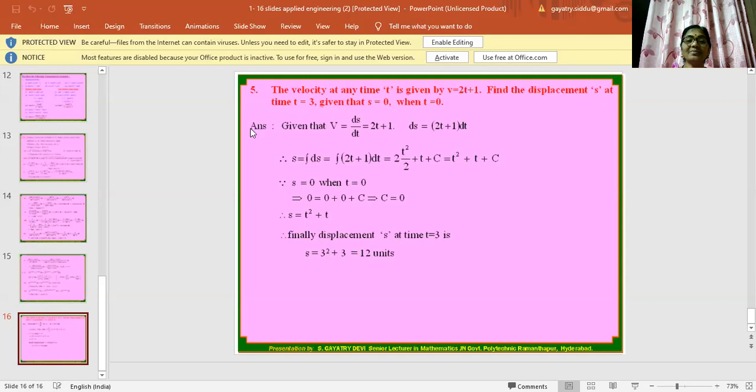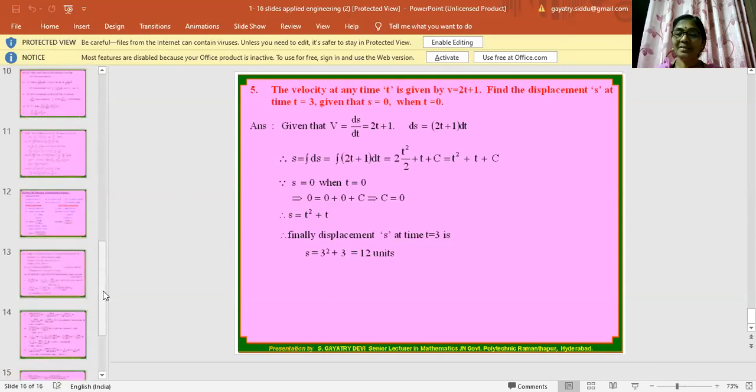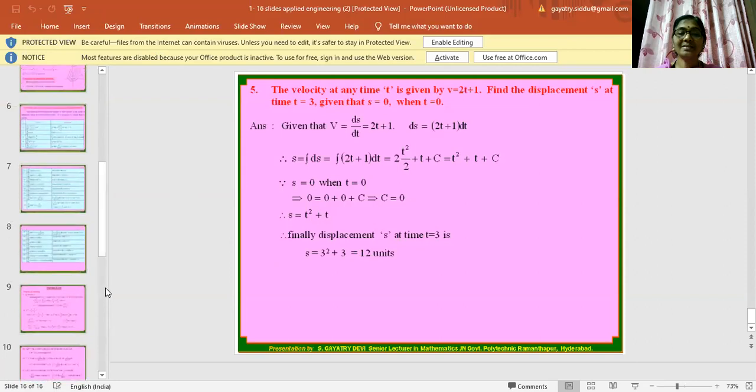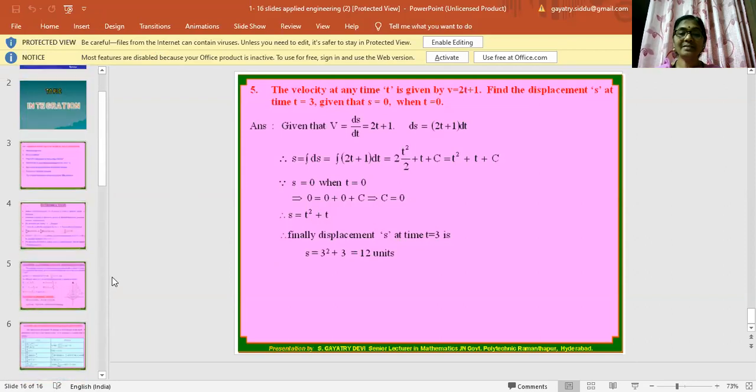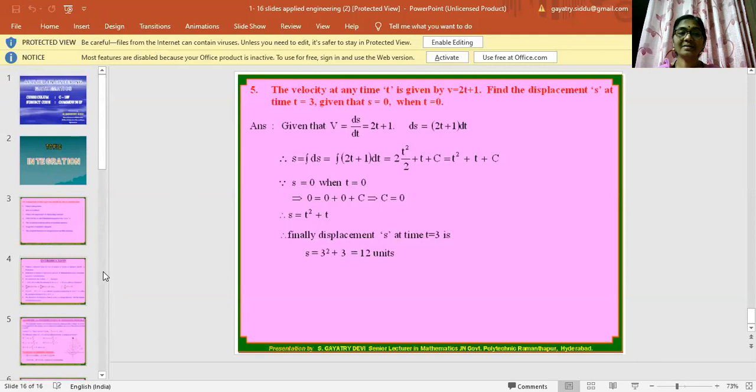Now you are able to understand clearly what the reverse process of differentiation is. So integration is the reverse process of differentiation. I think now you are able to do these basic model integration problems with the help of direct formulas.